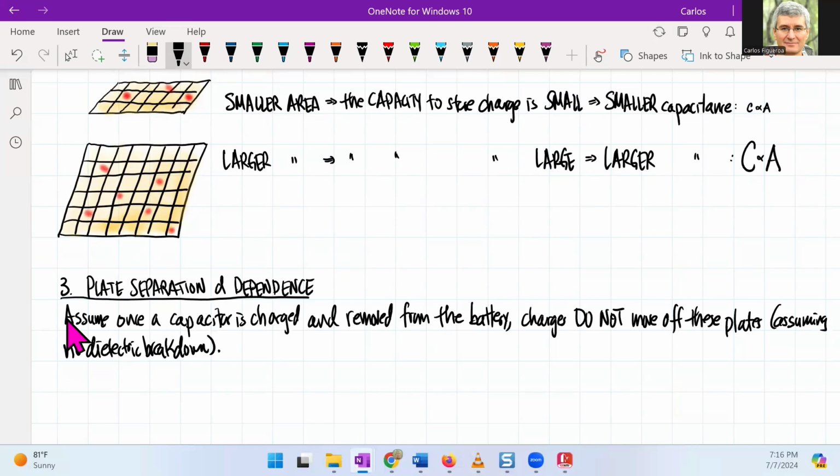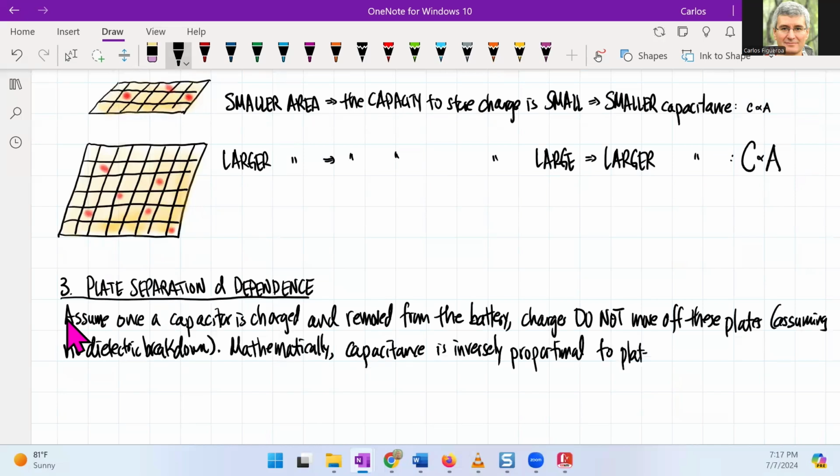So mathematically, capacitance is inversely proportional to plate separation, little d.